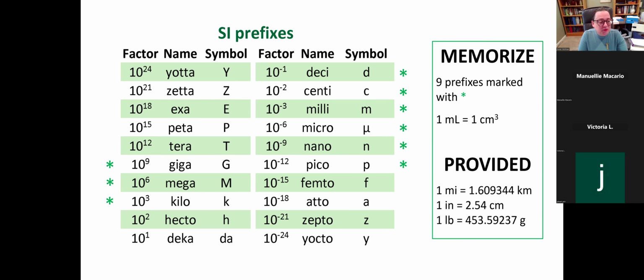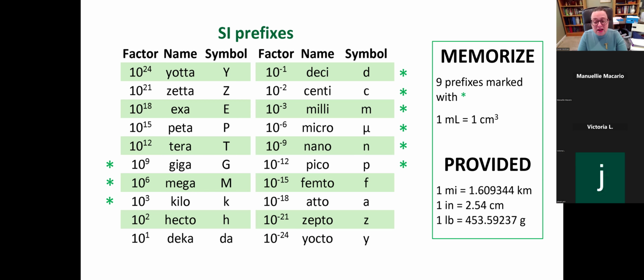What's at the bottom of the box there, I'm going to encourage you to, I don't know, take a screenshot or a little picture of that. Those are the conversions from the metric system to our horrible, dumb American imperial system of units. So 1 mile is equal to some number of kilometers. 1 inch is by definition 2.54 centimeters, and 1 pound, all of that number of grams. Those are exact numbers, right?